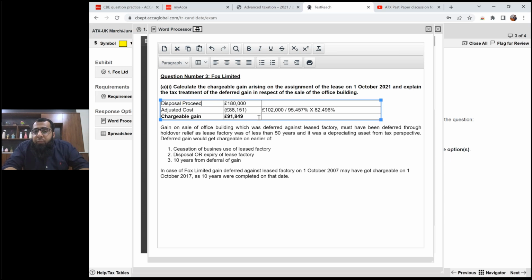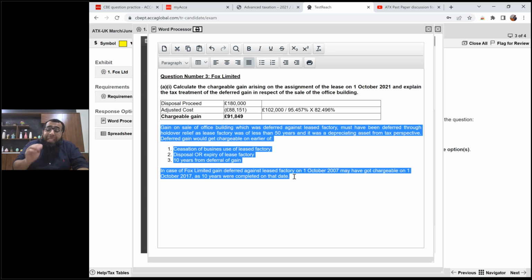If it is a 4 marks requirement, 2 marks are pretty easy. Go for adjusted cost, calculate again. For the office building, holdover relief should come to your mind. But even if you are not able to identify it, it's not a big issue. It's completely normal that in advanced tax you forget some things. Okay, let's move forward.